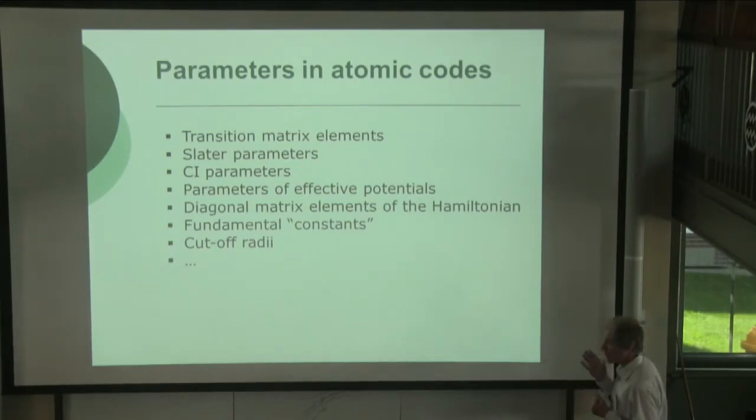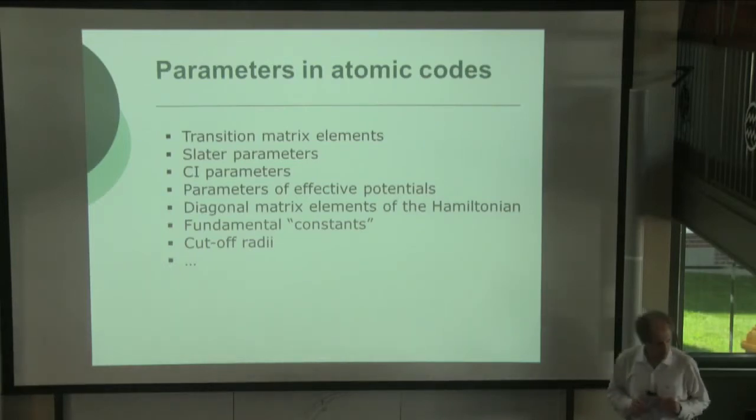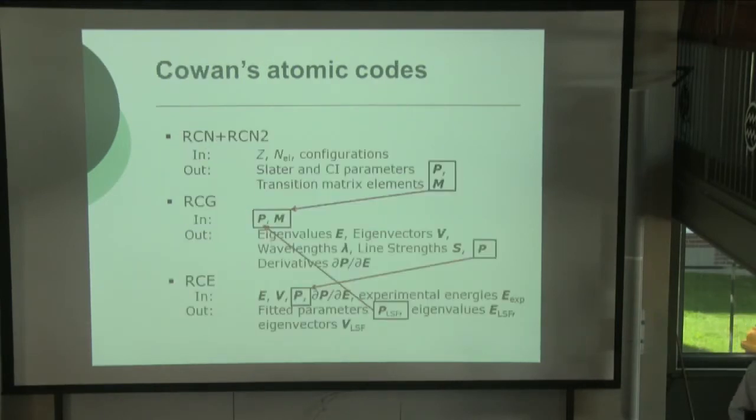But there are a few codes that can do that, and one of them is Cowan's code, which I work with very much, and there are a few others also. So because I did that with Cowan code, I need to tell you a little bit how the code works, so that you would see what was going on.